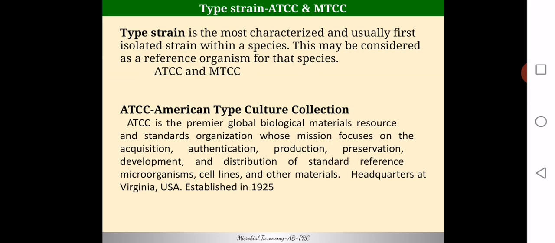ATCC stands for American Type Culture Collection, the premier global biological material resource and standards organization whose mission focuses on the acquisition, authentication, production, preservation, development, and distribution of standard reference microorganisms and other materials, right? It is situated in the USA, and it provides pure cultures worldwide.